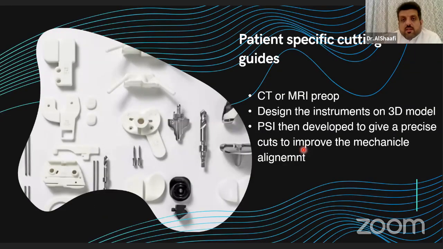The last technology we will discuss tonight is the patient-specific cutting guides. This technology removes the intraoperative variability and time requirements by shifting the bony landmark registrations and implant positioning to the preoperative setting by doing CT and MRI preoperatively. After that, we construct a three-dimensional model of the knee.